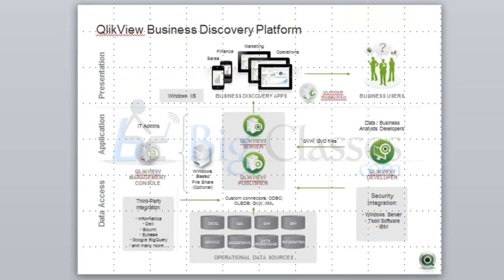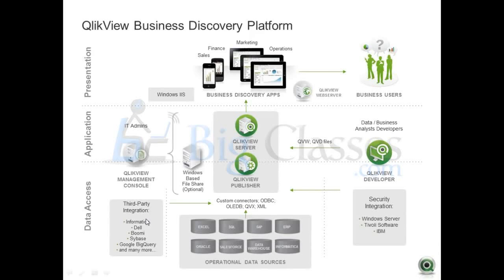This one, right? Okay. Because each tier, what are the applications? For example, Qlikview server, is it a separate product? Qlikview publisher, is it a separate product? And where exactly does it sit? Which operating system?